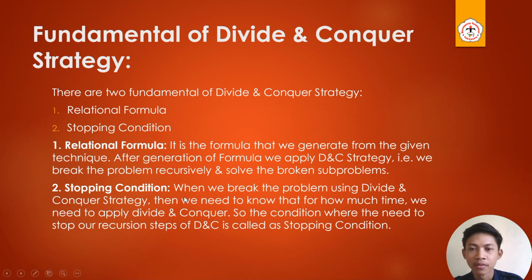Stopping condition. When we break the problem using the divide and conquer strategy, we need to know for how much time we need to apply divide and conquer. So the condition where we need to stop the recursion step of D&C is called a stopping condition.